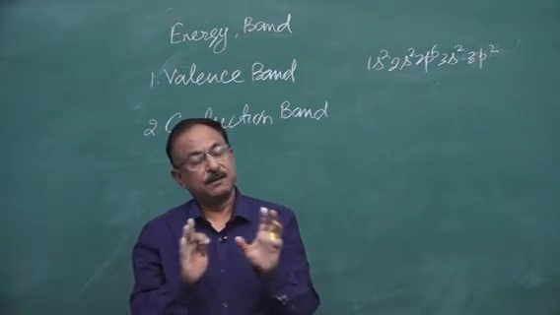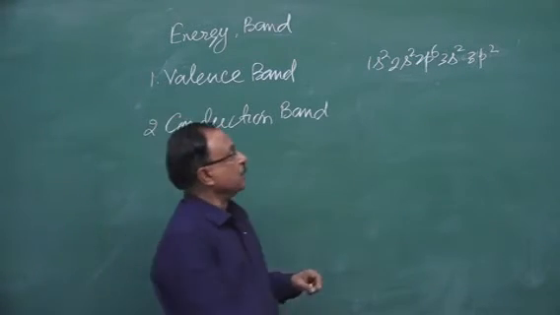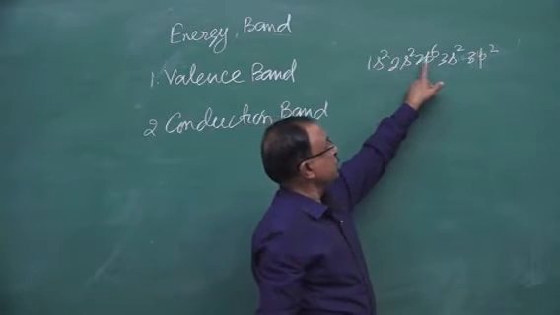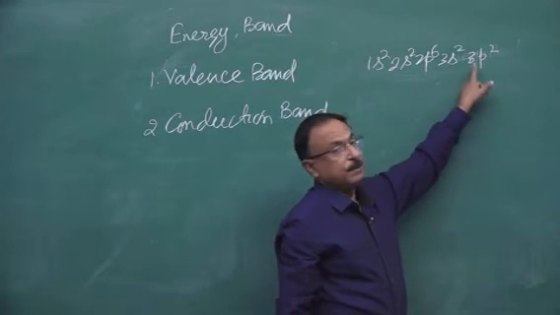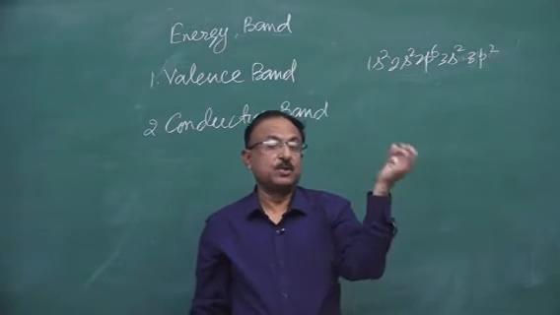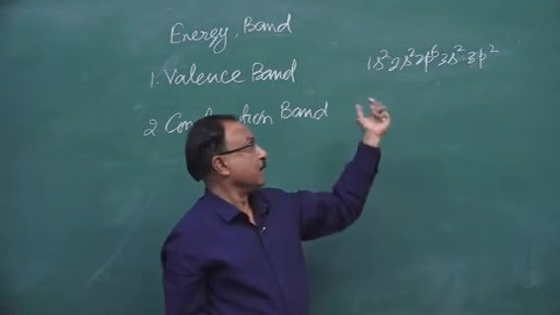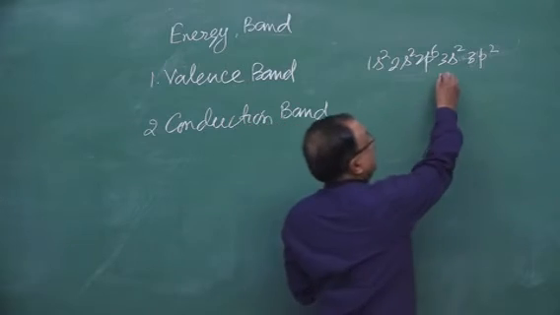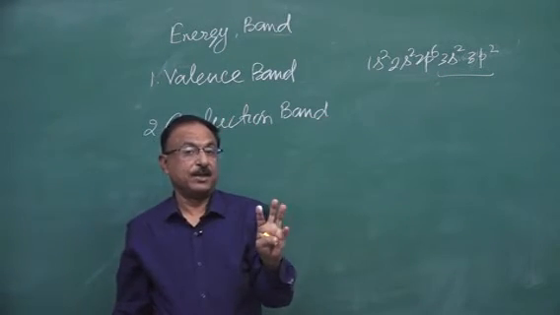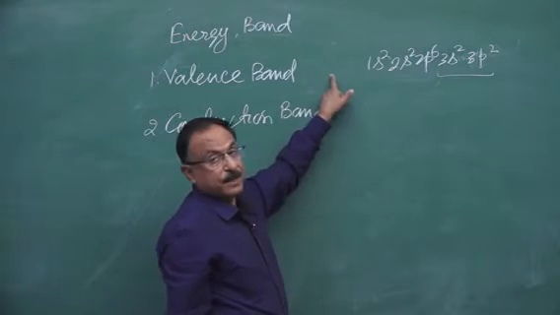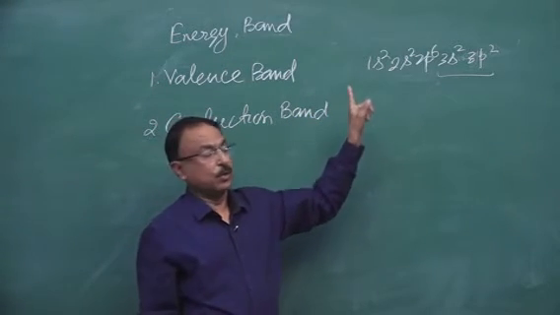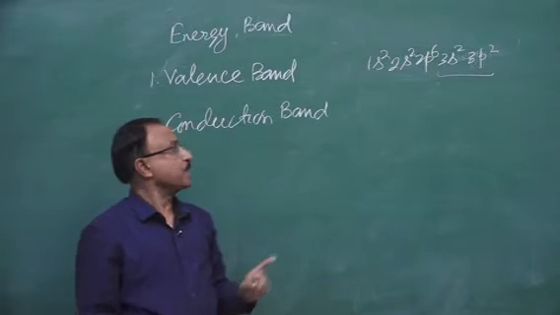For example, if we have 1s2, 2s2, 2p6, 3s2 and 3p2 as the distribution of electrons in, say, silicon, then the band formed by the outermost completely filled levels is the valency band. All quantum states and energy levels are occupied.